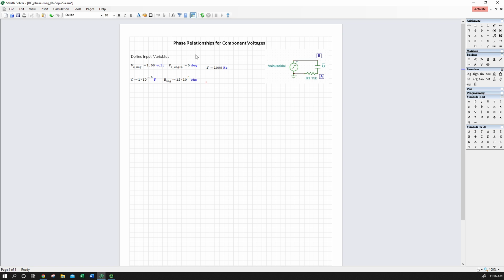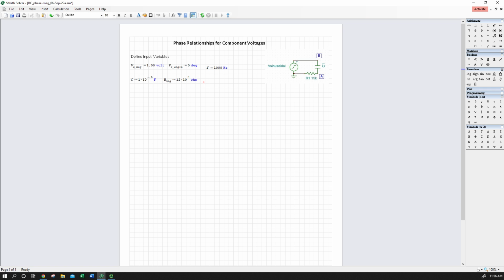So that's why variable inputs definitions are always good to put at the top of the page. If you try to put in a formula that references a variable you've defined that is closer to the bottom of the page than where the formula is sitting, it will say, I can't recognize it, missing variable. So that's probably one of the most important tricks about SMath. Where you put things on the page matters.